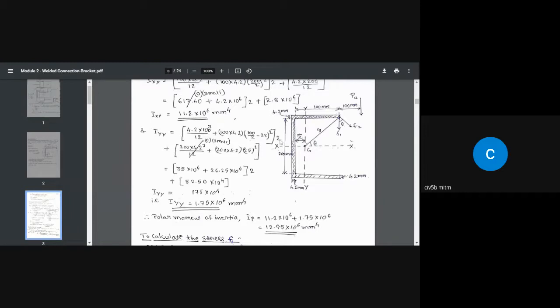So area times h square, and multiply the whole thing by 2, because we have two such welds.